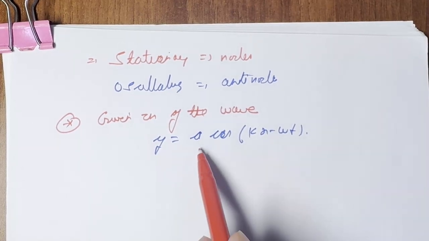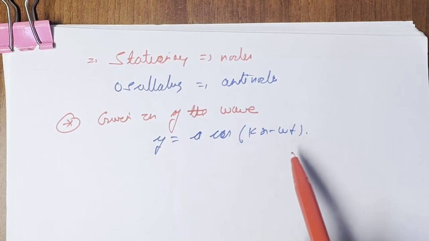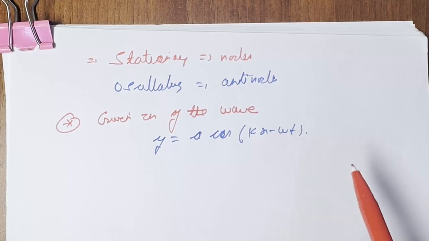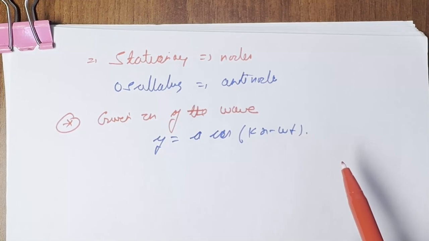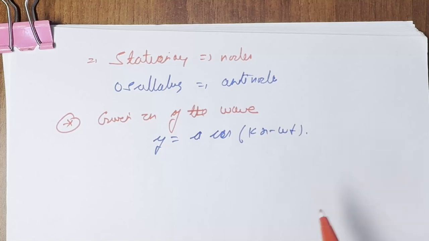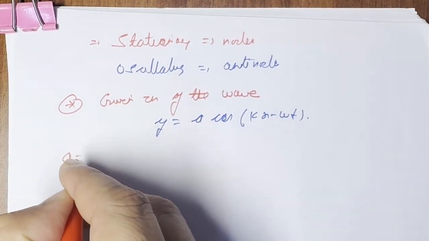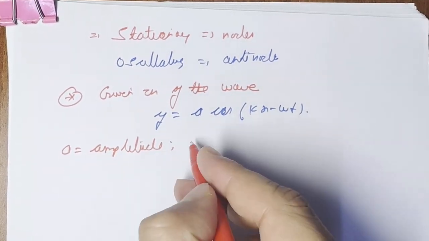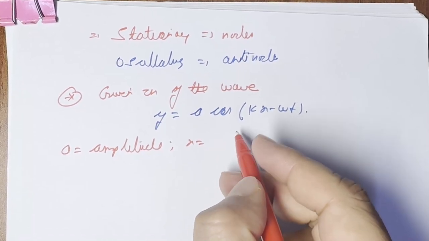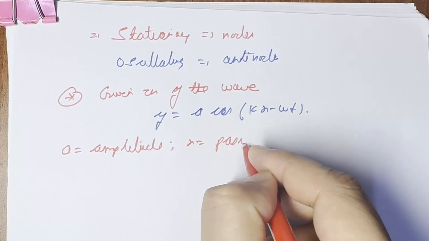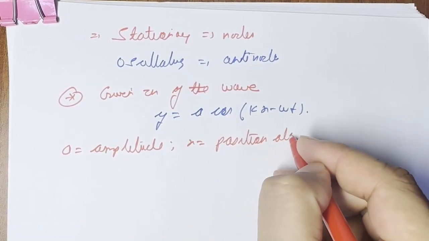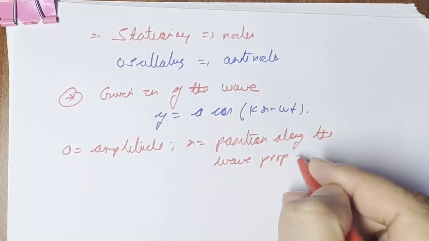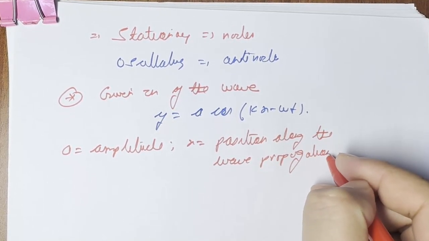Here A is our amplitude, k is the wave number, and k is equal to 2 pi by lambda, omega is the angular frequency, and x is the position along the wave's propagation.